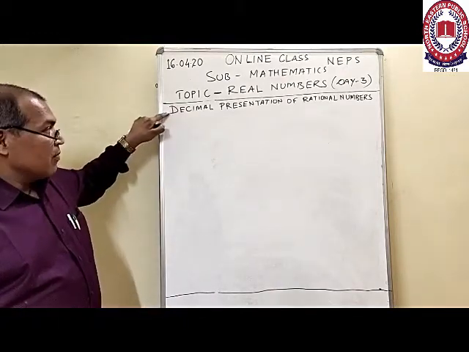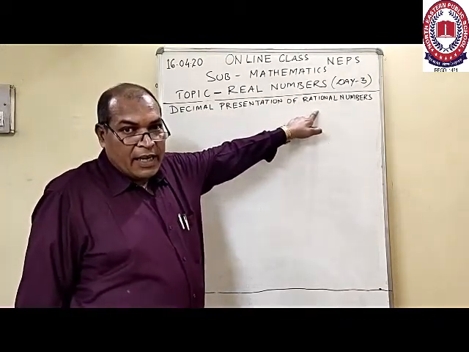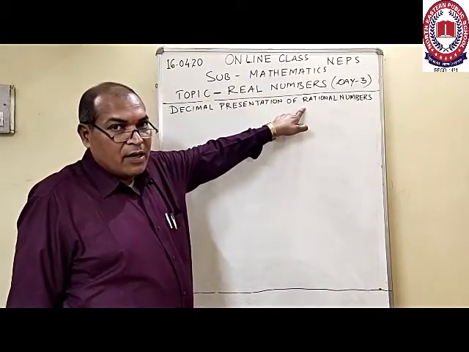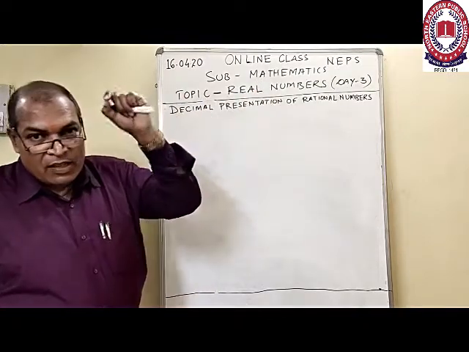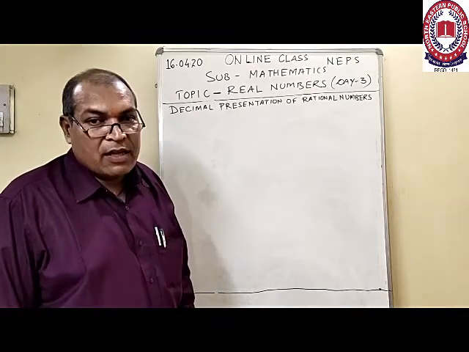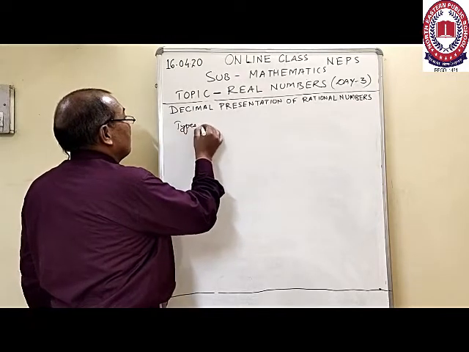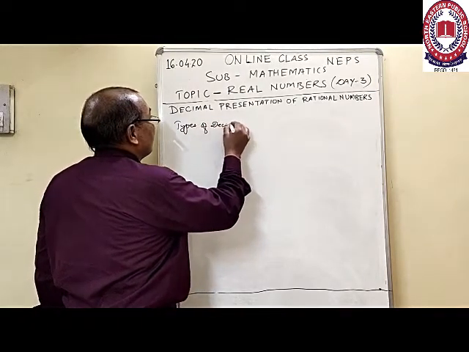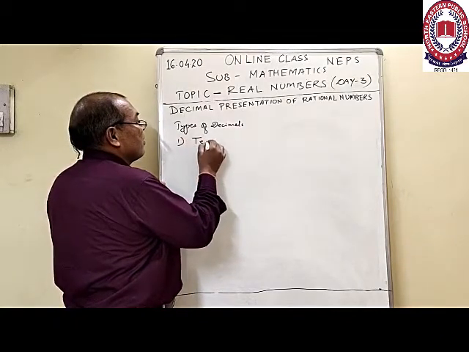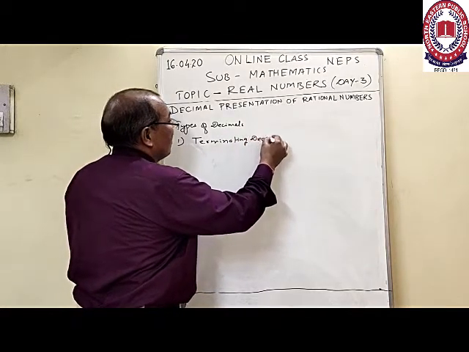In terms of real numbers, we define a real number as the combination of rational and irrational numbers. So one more property of rational numbers helps identify which type of decimal the given rational number represents. Here I am telling the types of decimals. First, terminating decimals.